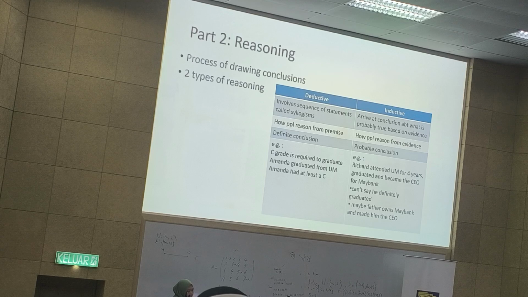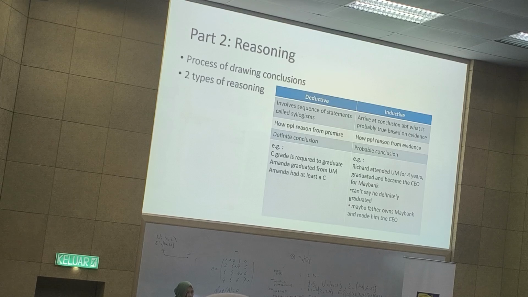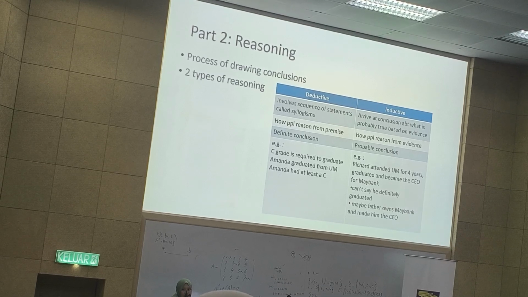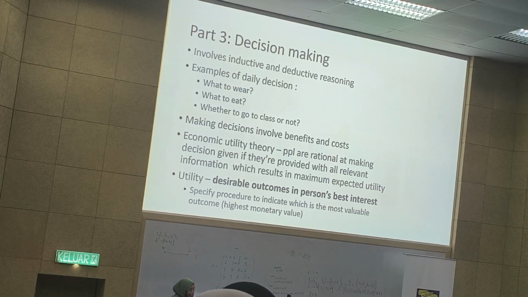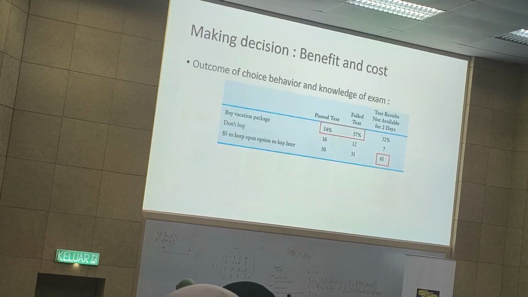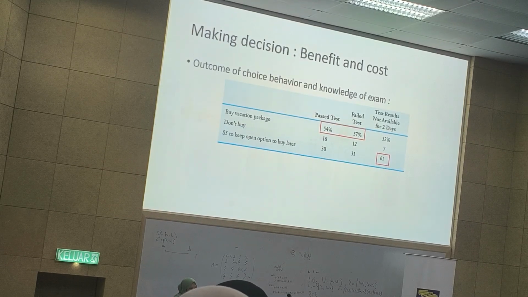Then the following part of the lecture we covered reasoning. We have at least two types of reasoning. One is called deductive, another one is called inductive reasoning. So we went on talking about how we make decisions, and what you need to understand from here is that when we reason, we very much rely on something that is most beneficial and most cost effective for us.